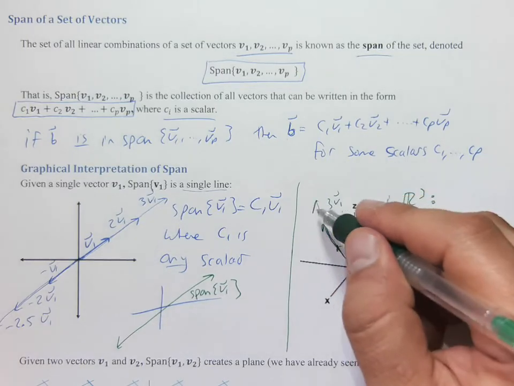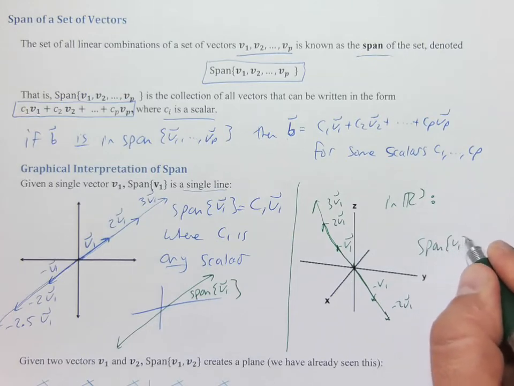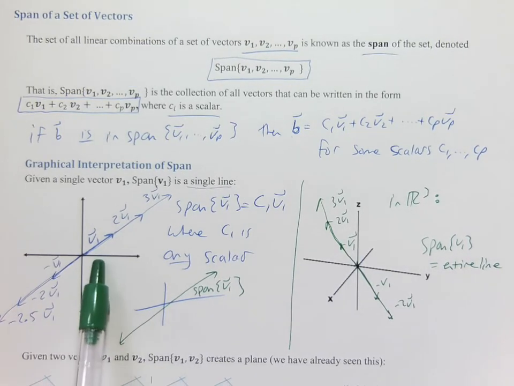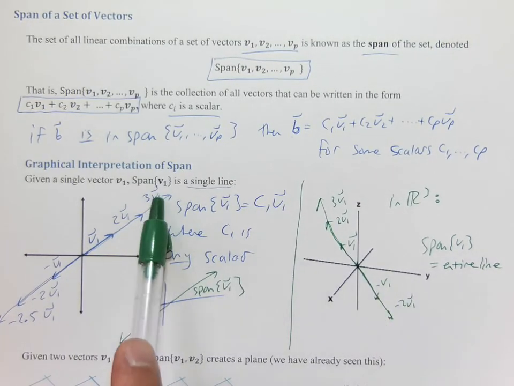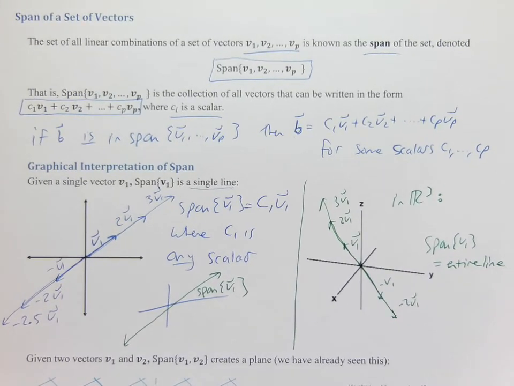Etc. And so the span, again, is going to be the entire line. And so notice that whether we're in R2, or we're in R3, it doesn't matter. The span of a single vector creates a line. It just extends the vector in both directions and creates a line.